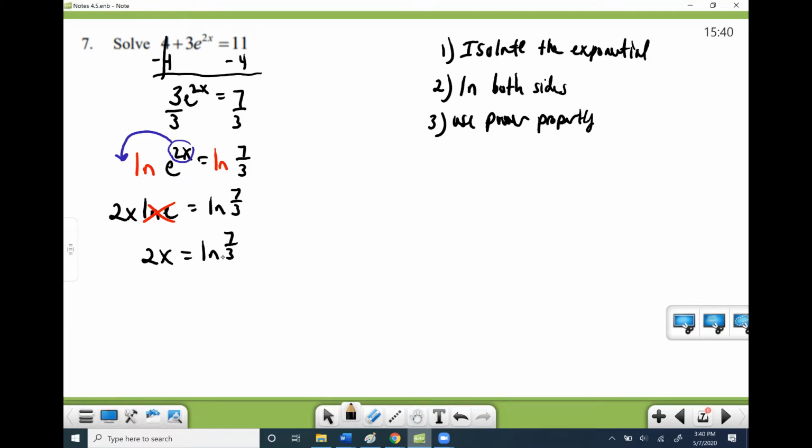Now I want to show you 2 different ways to do this, because you never know what a multiple choice answer key will do or what Connect Math likes, okay? So one thing would be to divide by 2 and write it like this. Now it's kind of ugly because it's kind of like a fraction within a fraction. Okay, it's correct though, so that's fine, okay?